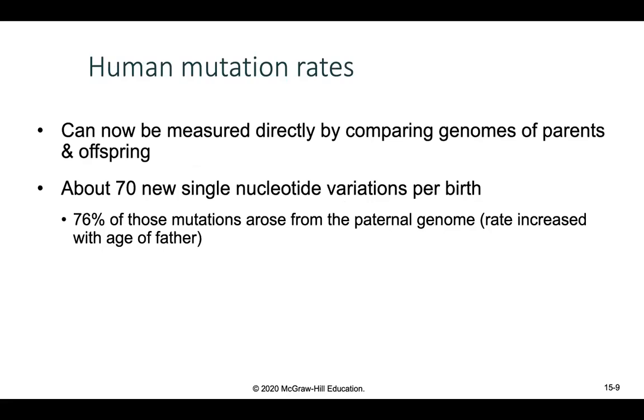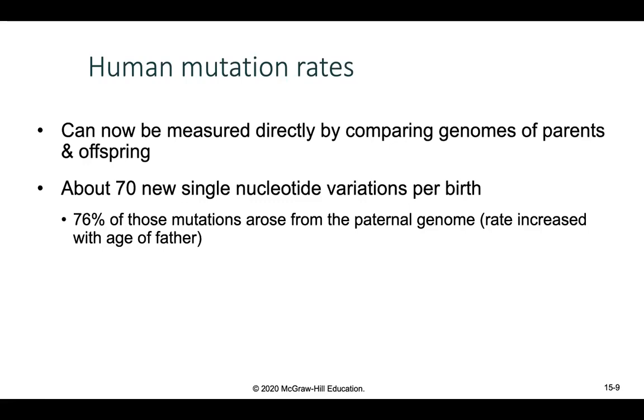And then some interesting info about human mutation rates. So we can actually directly measure how quickly our genomes, which is just all of our DNA, is mutating. And when I read this, it was kind of shocking.